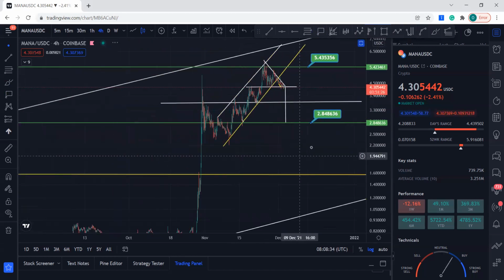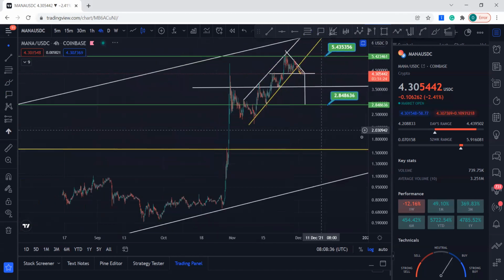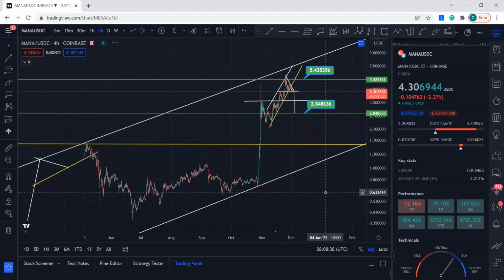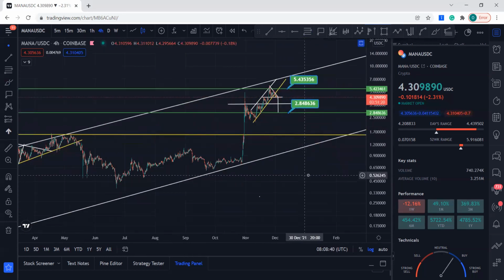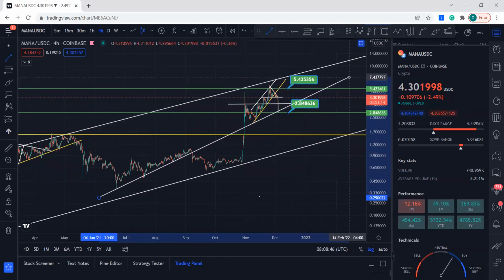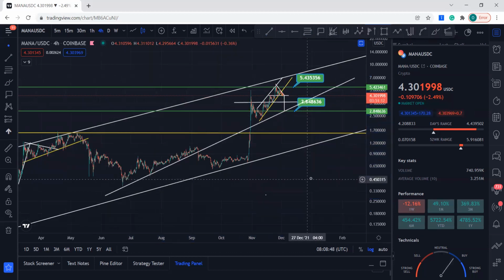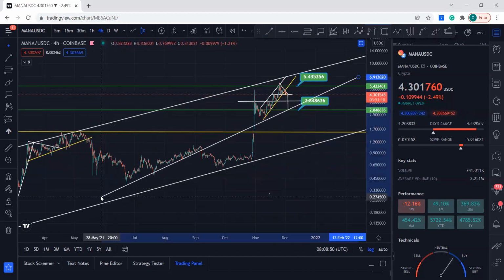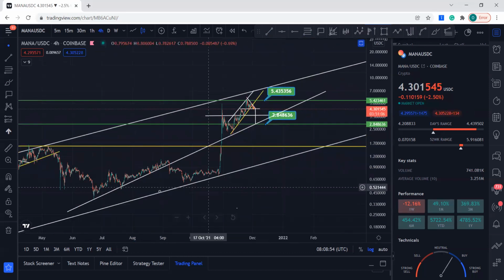If you could zoom out your chart and draw this line over here, it doesn't have to be exact, but you get the point. There was resistance, I mean support, here with this line.